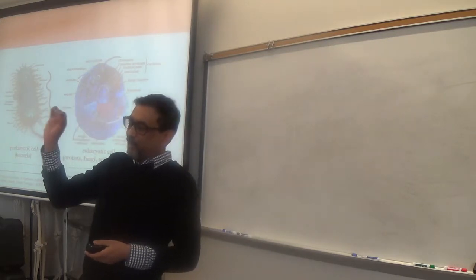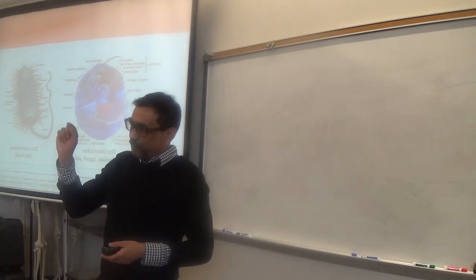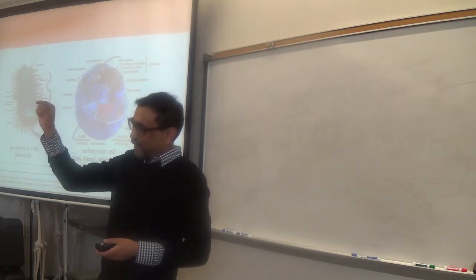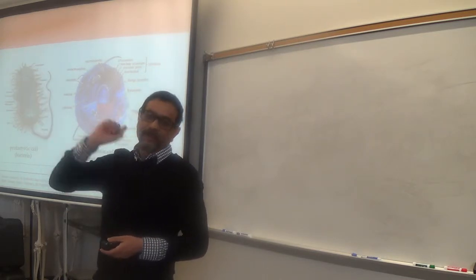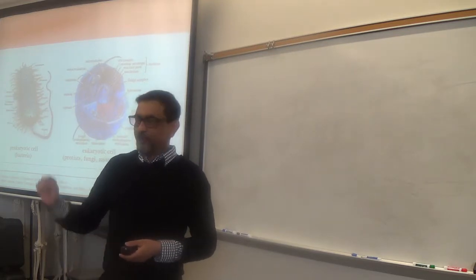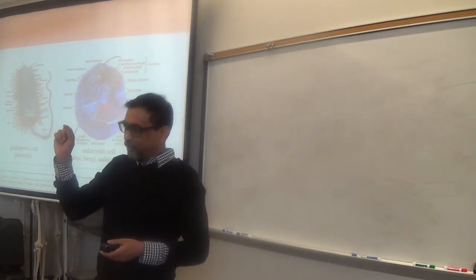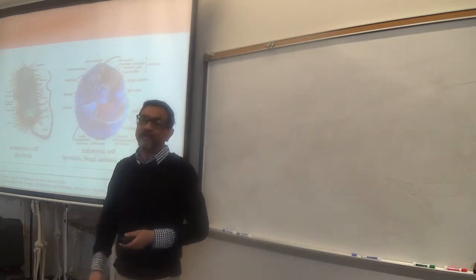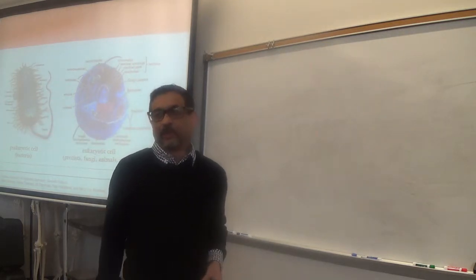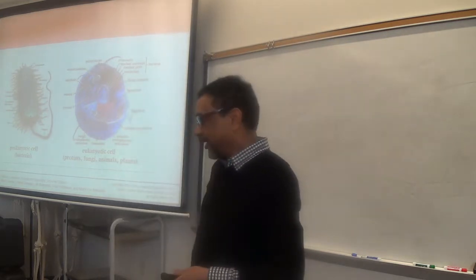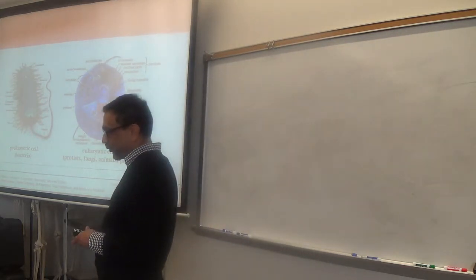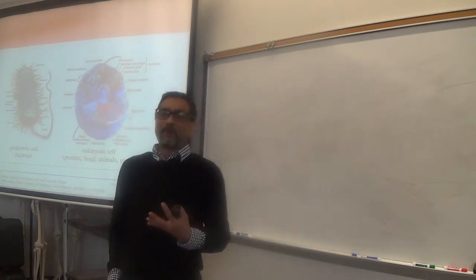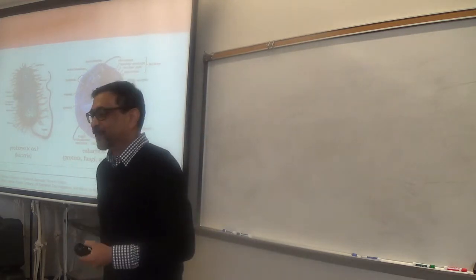For one human body cell, we have 20 times more bacteria in the body. That means the ratio is one human body cell to 20 bacteria. So you can say that our body is mostly formed by bacteria.